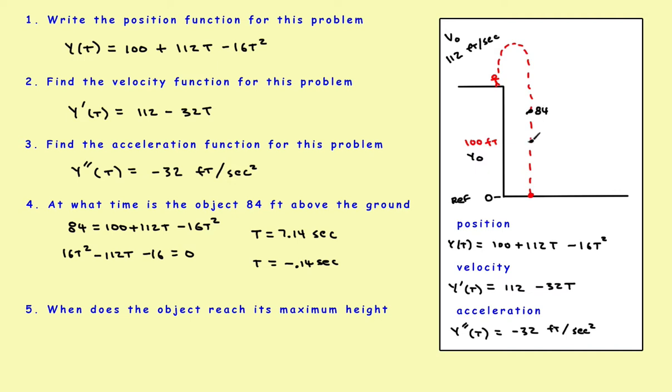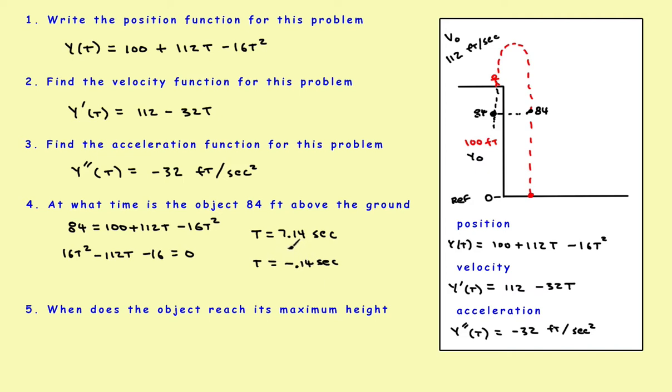But from the calculator point of view, you have to remember this entire path here is really just a parabola. This function right here, minus 16t squared, is just a parabola, and it's as if this height continues on down something maybe like this. Now, if that's the case, if you came straight across from here, there's actually a second time that it would be 84 feet above the ground, but that would be almost before you threw it. So when the calculator returns this, this minus 0.14 here would be this, but in our case, this answer doesn't make any sense.